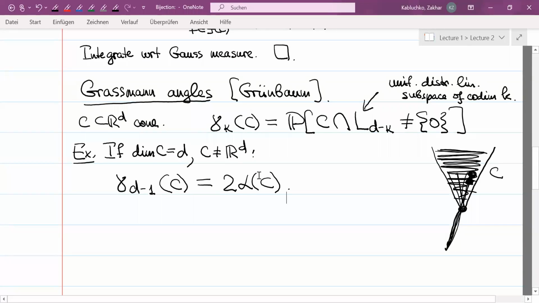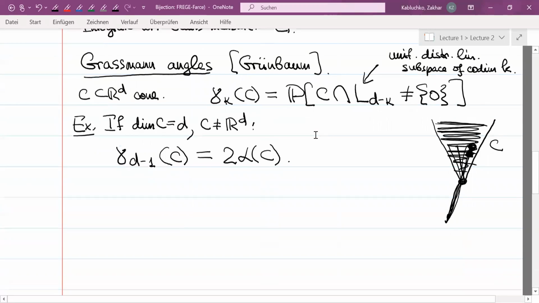We take random subspaces and look at the probabilities that they intersect this cone. And these are called Grassmann angles.